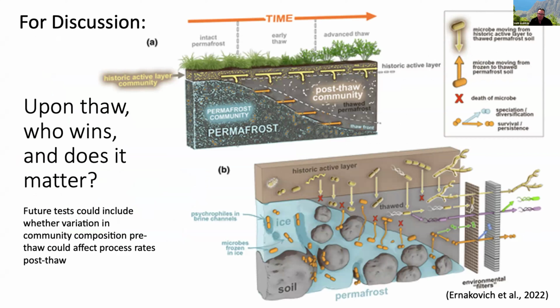Is there some impact of that permafrost community that we know something about on future active layer dynamics as that permafrost community begins to thaw? Do those members simply die out and get consumed, or is there some influence of the presence or absence of microorganisms in permafrost on future processes post-thaw?